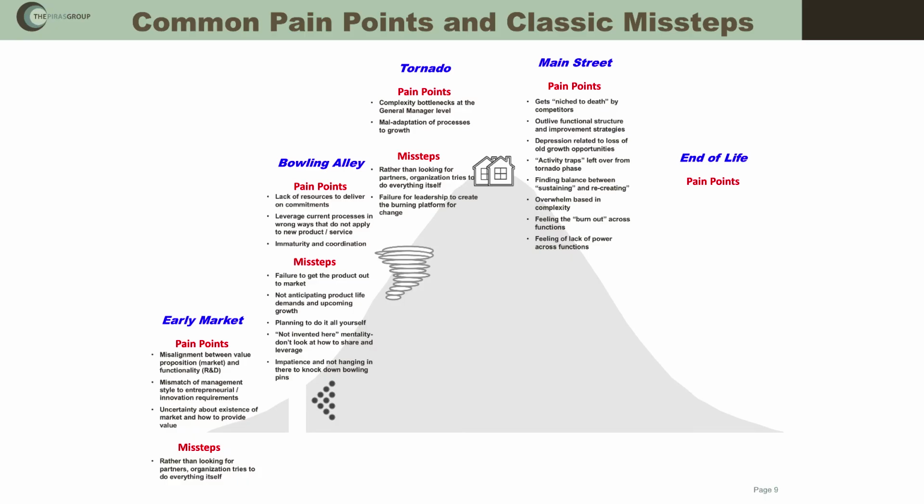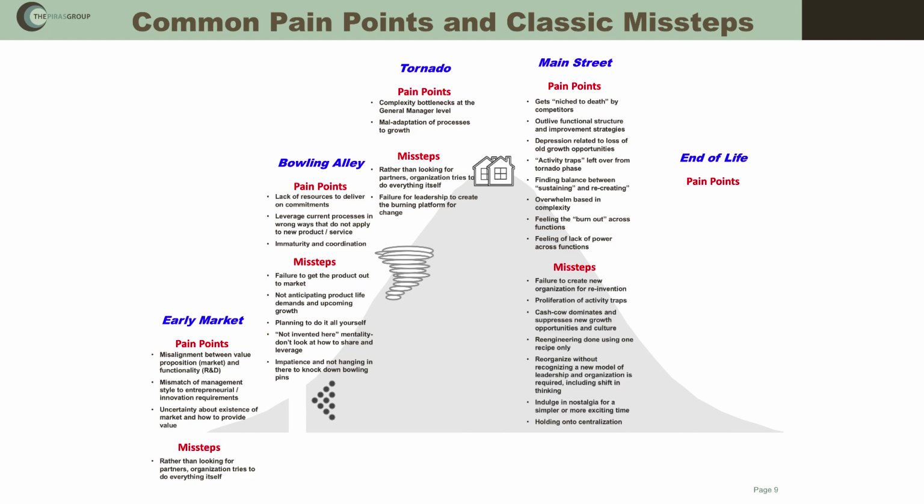For those who've been with the company and the organization throughout most of this journey, a major misstep is to indulge in that nostalgia for the simpler, more exciting and fun times, instead of focusing on these hard challenges required to be successful on Main Street.